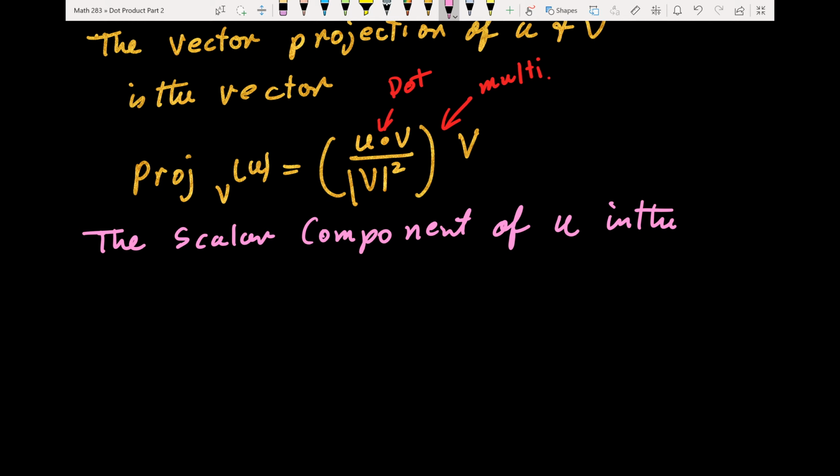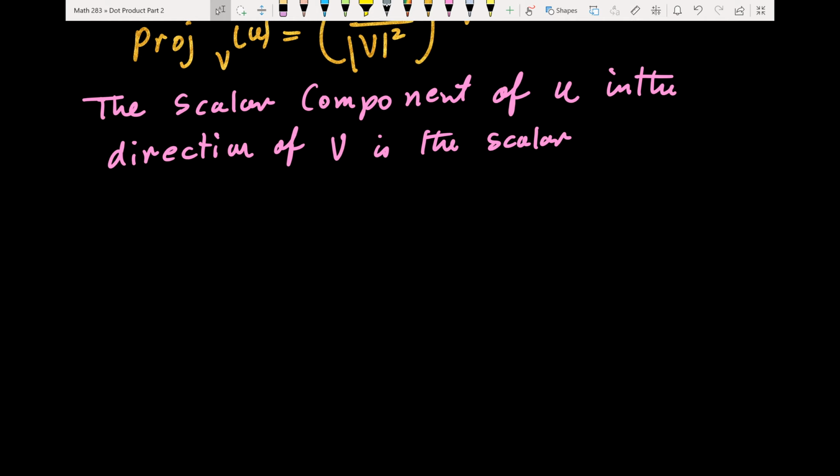Direction of v is the scalar cosine of theta.